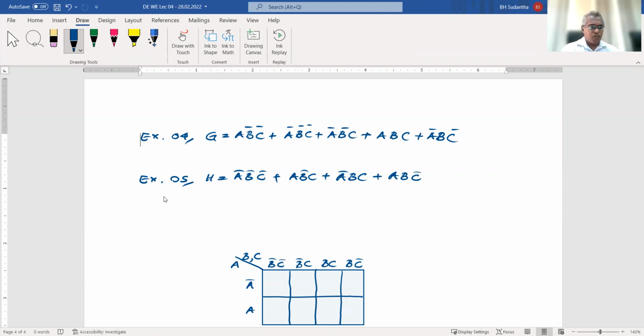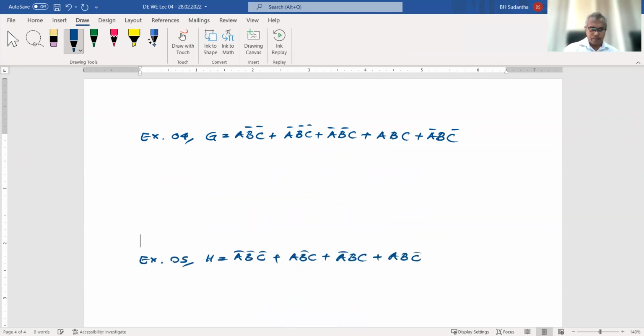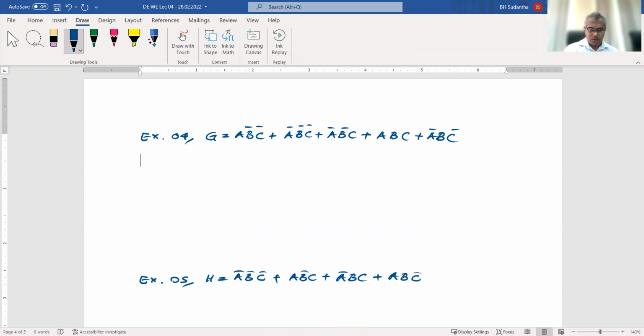Okay, try these two. If you're okay with these two, then we can go for the next section.